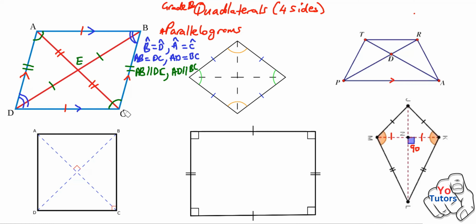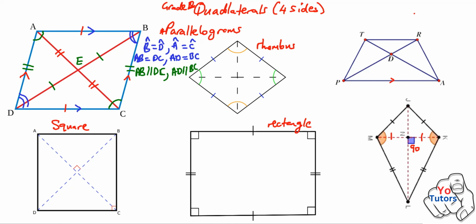Now, we have three types of parallelograms. The first one is a square, the second one is a rhombus, and the third one is a rectangle. What can we say about a square?